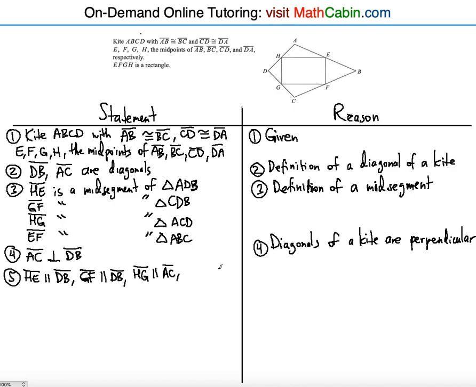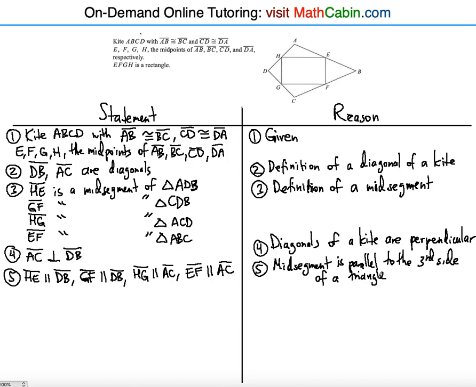And finally, the last one is EF. EF must be parallel to the third side of triangle ABC, which is AC. The reason for that is simply that a mid-segment is parallel to the third side of a triangle. That's the simple reason. Now the sixth line.